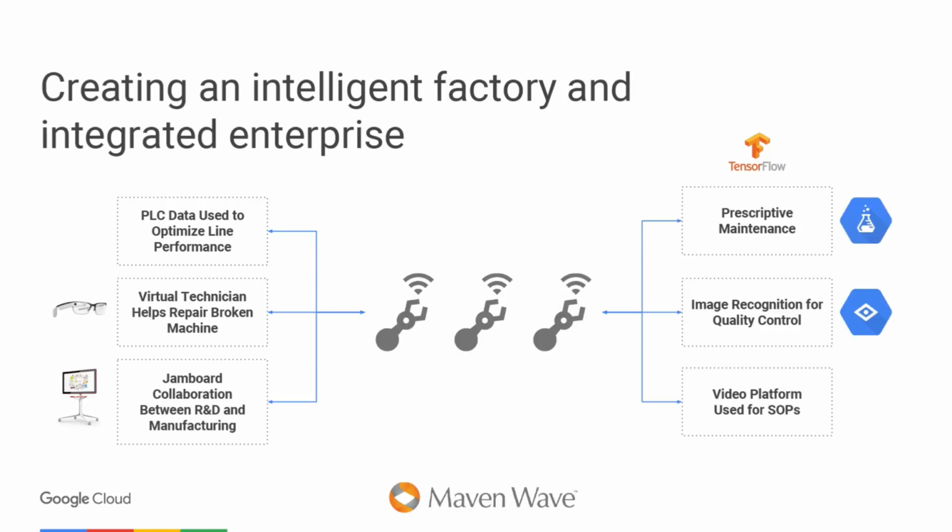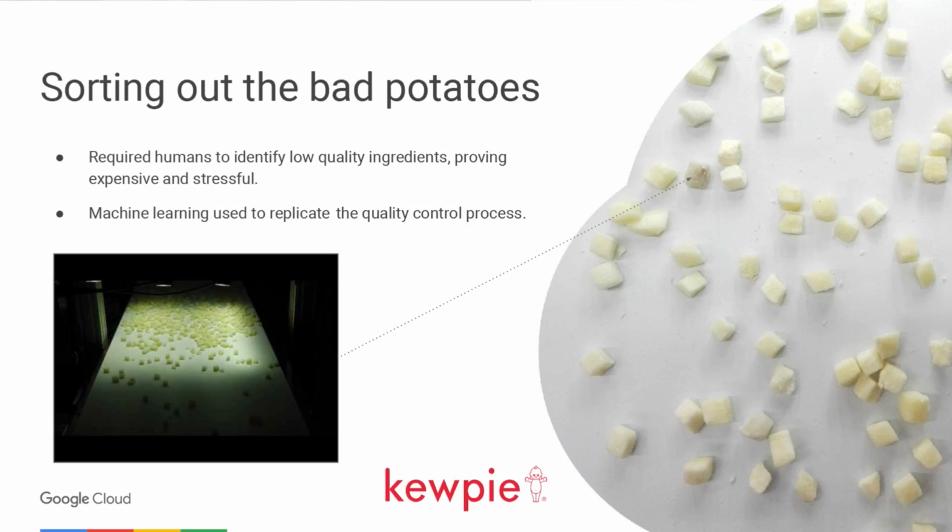But also, you'll notice on here, they also delivered new experiences, collaborative experiences between R&D and manufacturing, leveraging technology such as Jamboard. So this is how we can leverage Google Cloud in a manufacturing environment to start to deliver the digital experience of the future.